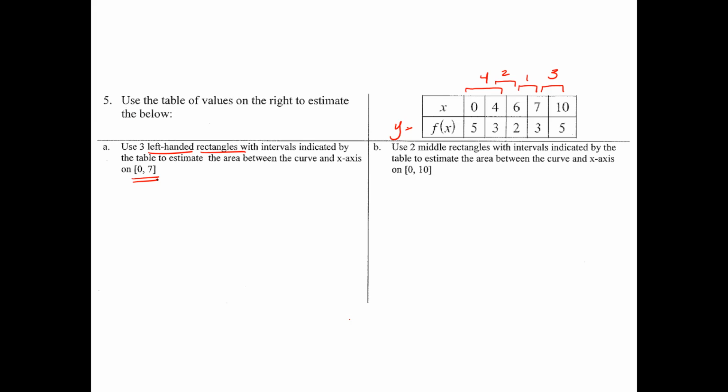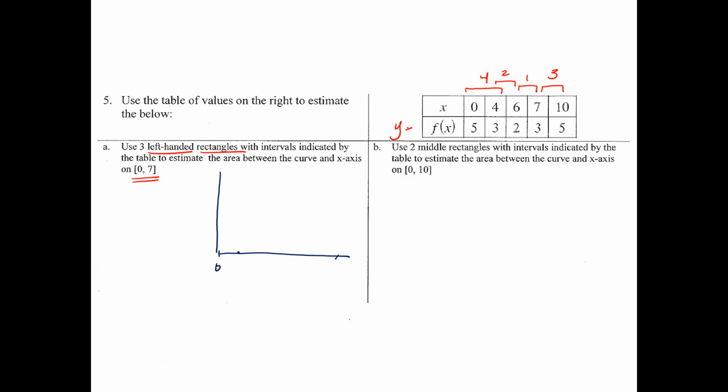So first thing that we're going to do with this is we're going to go ahead and draw a diagram of how this will look like. So I'm going to draw my diagram right over here. Okay, and I know my intervals from 0 to 4.